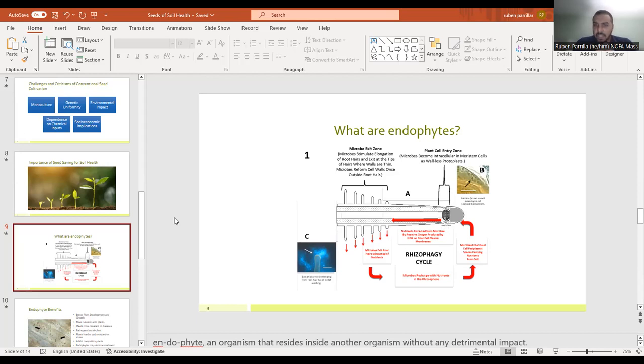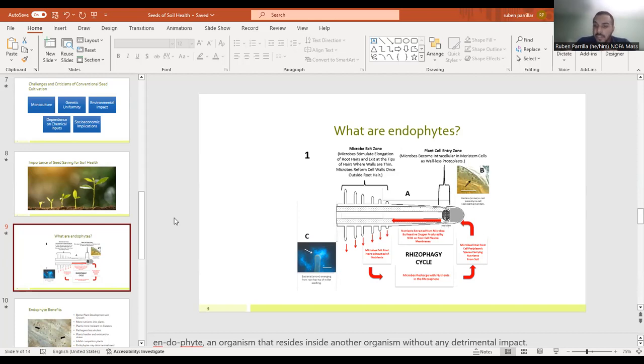But briefly speaking about the role of endophytes, which are just organisms that reside inside of other organisms without any detrimental impact. We have the cycle where we now understand that plants have adapted or prefer to get their nutrition in the wild with the aid of bacteria and other organisms.